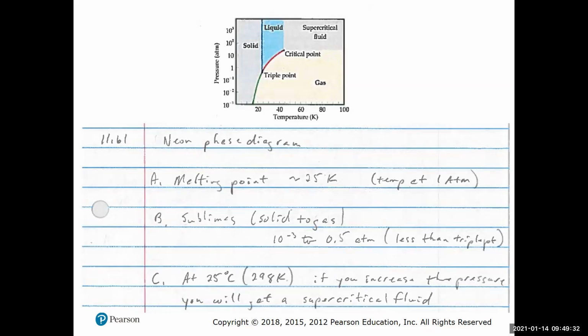And then at room temperature, 25 degrees C, can you liquefy it?